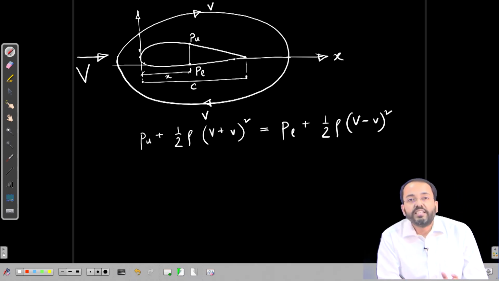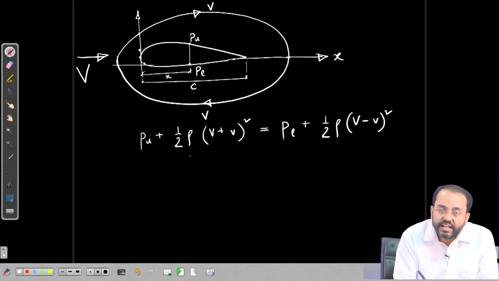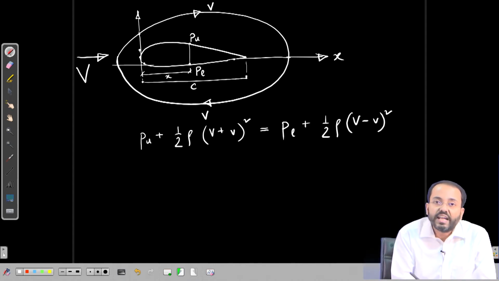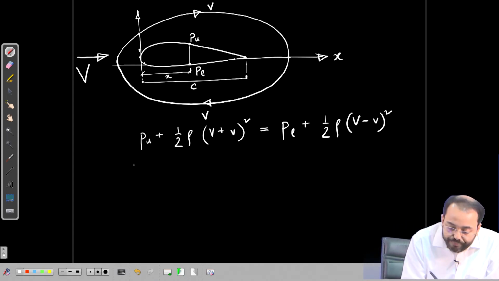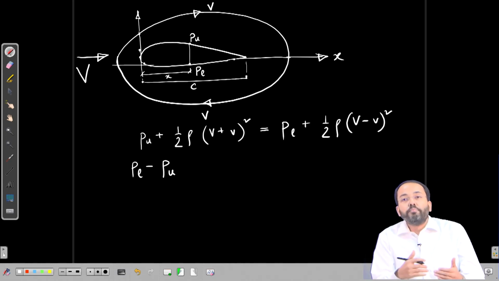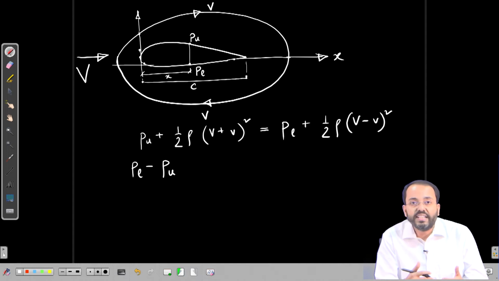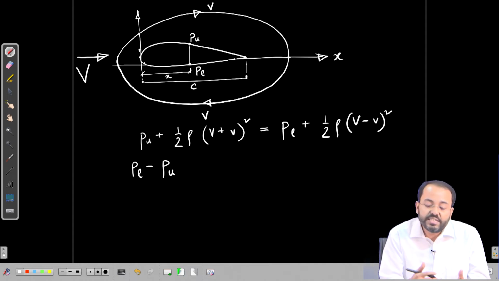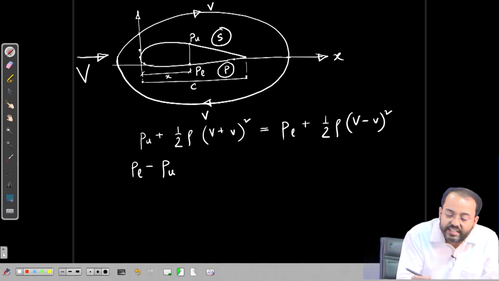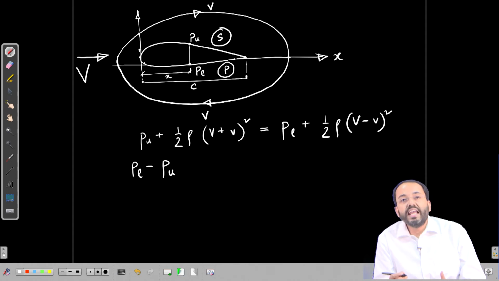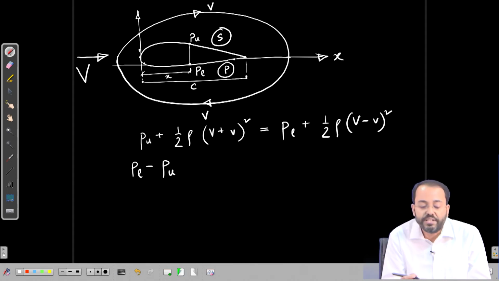So, using this Bernoulli's equation we can relate the pressure and velocity over the upper and lower surface. Now, we can write Pl minus Pu. Remember that the bottom side, the lower side here, is the pressure side. So, this is the pressure side and this is the suction side. So, obviously Pl will be higher than Pu.